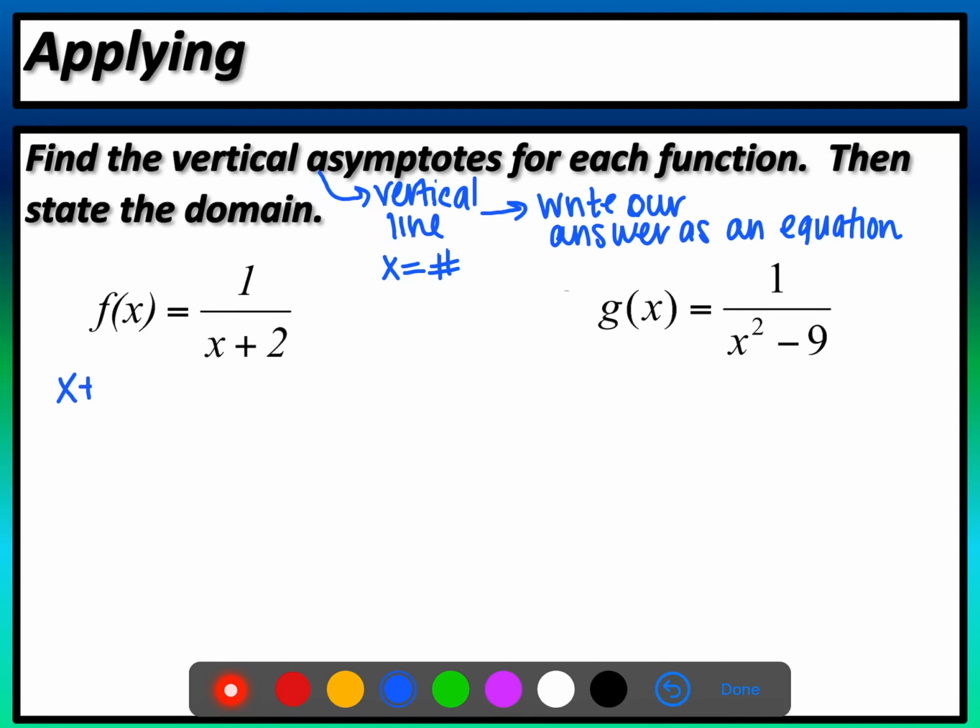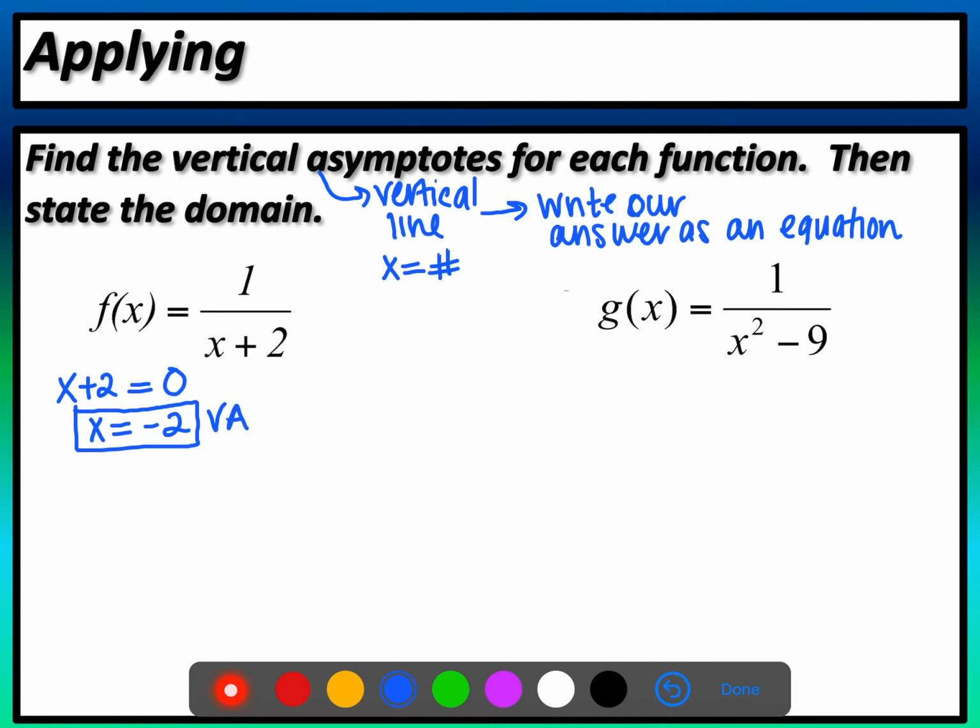For my first example, what makes the denominator equal to 0? We take x plus 2, set it equal to 0, and we get that our vertical asymptote, which I like to label with a VA, is x equals -2.